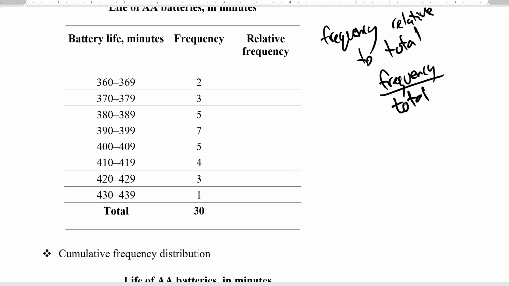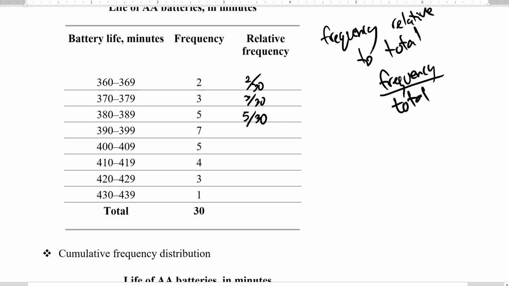So we have the frequency, we have the total. So this would be 2 over 30. This would be 3 over 30, 5 over 30. And we do need to be able to put those as decimals. I know that ain't going to be pretty, but the idea is that we want this as a percentage a lot of times.